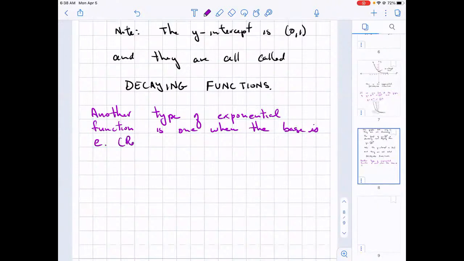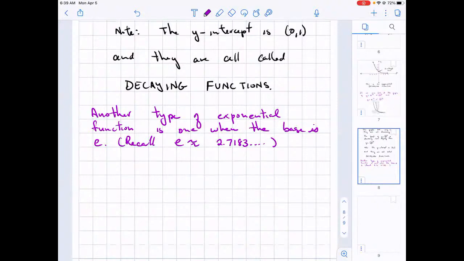And recall, e is approximately 2.718..., 2.7183 if you want 4 decimal places.